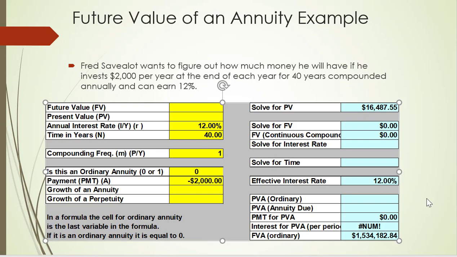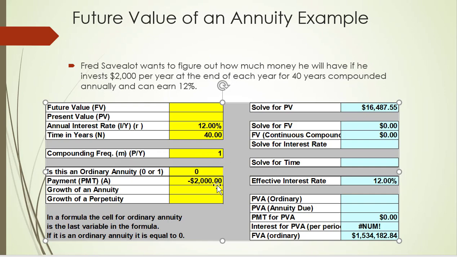Now, without getting into a whole explanation of compounding, what would be the answer to this question if we made monthly payments instead of annual payments? Well, to do that, we need to change the compounding frequency. We need to change the M, the periods per year, to 12.